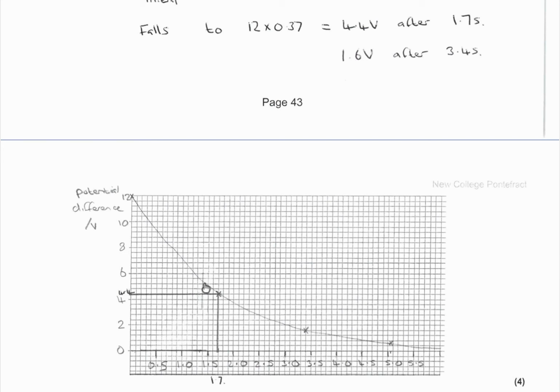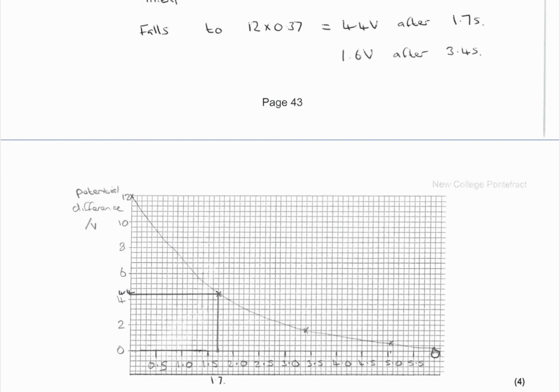To make sure of that, I plotted 4 different points, the initial point and then 3 subsequent points. The intercept on the V-axis needs to be correct, and also the curve becomes asymptotic to the time axis. So right at the very end, it follows the time axis. So that's worth the second mark.